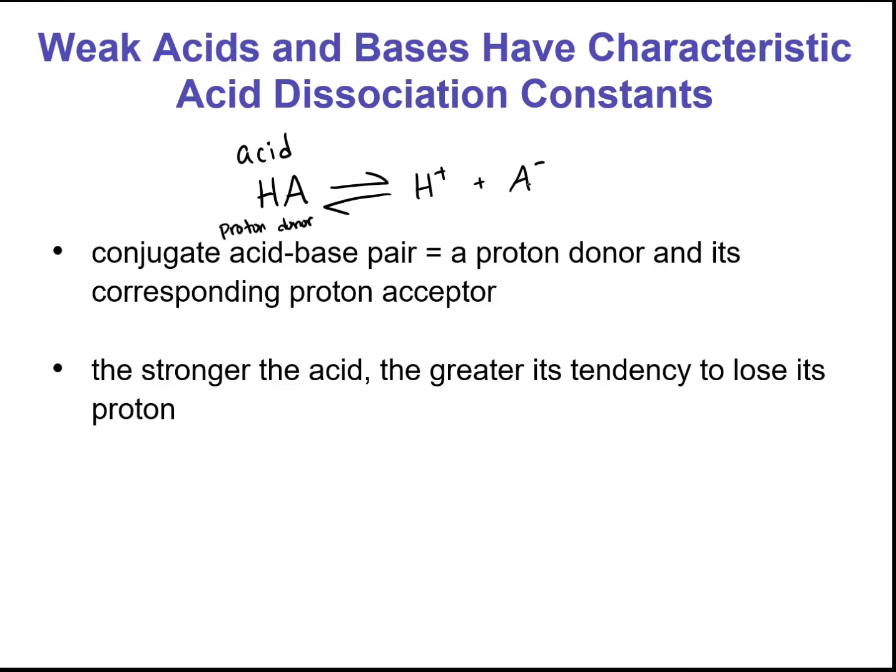And the A- is your conjugate base. So when that acid dissociates, it forms a negative ion, and that negatively charged ion is the conjugate base. The stronger the acid, the greater its tendency to lose its proton. So please remember that.